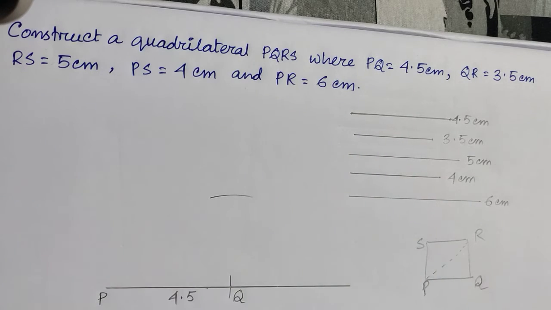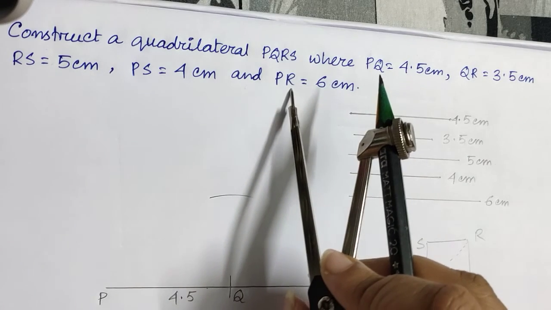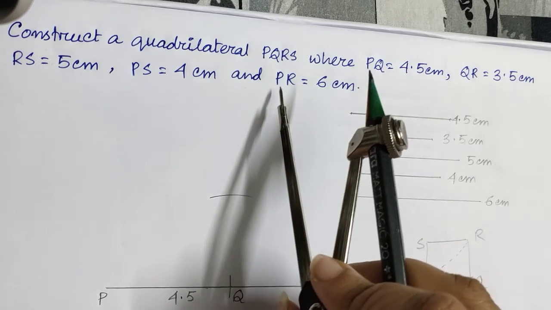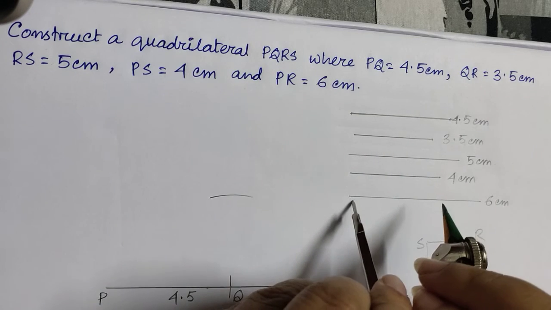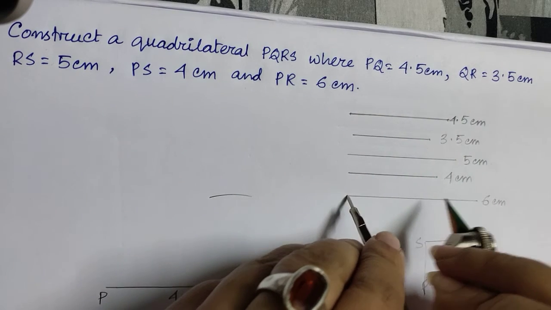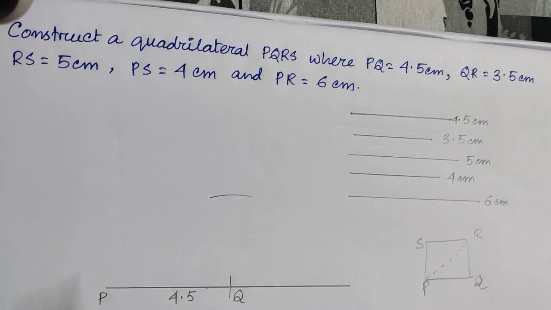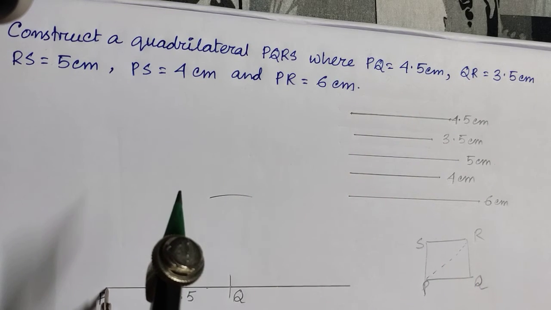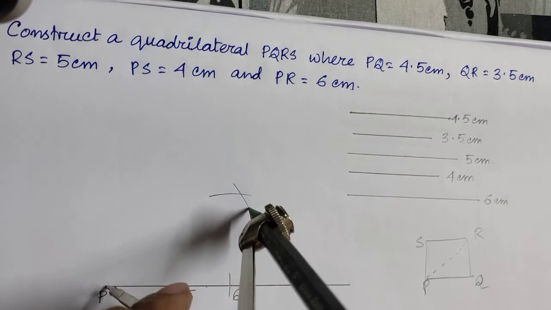This is the point R, and there is another value given, that is PR. The point R is 6 centimeter far from P, right? So measure this 6 centimeter line segment, and now put it here at point P, because PR is 6 centimeter.